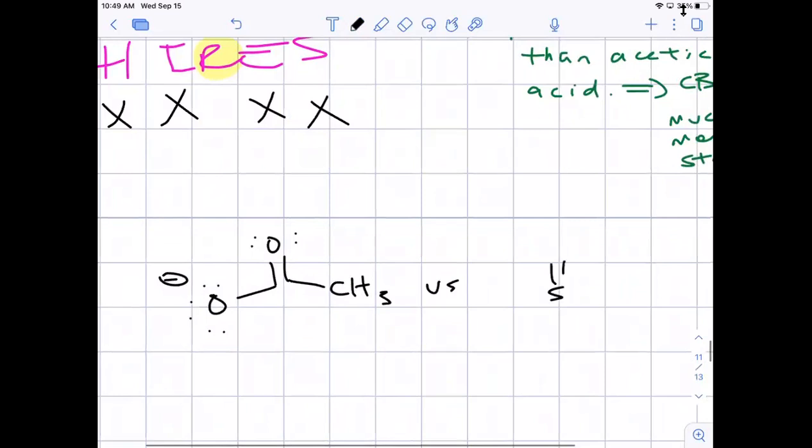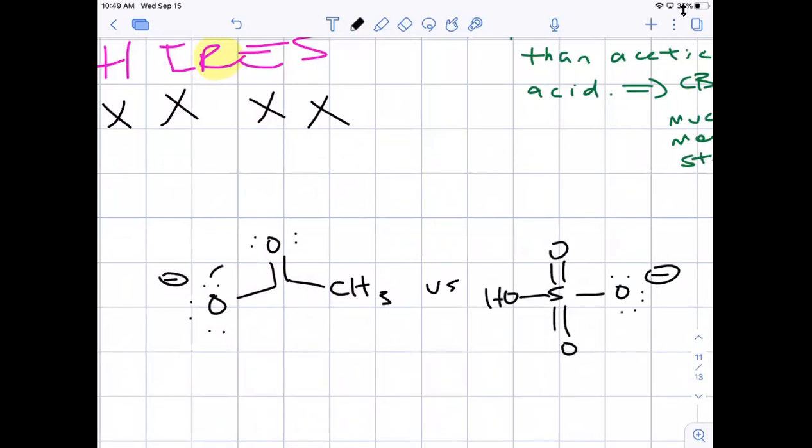Versus the sulfuric acid anion. All right. So we did resonance here. Is that how we would do that?